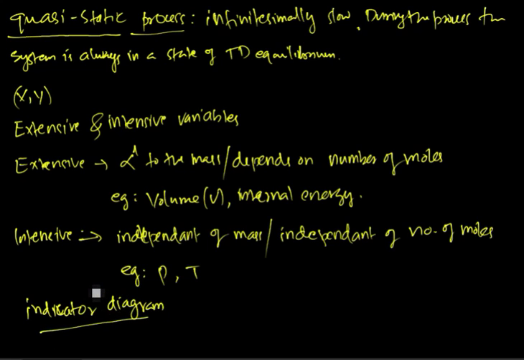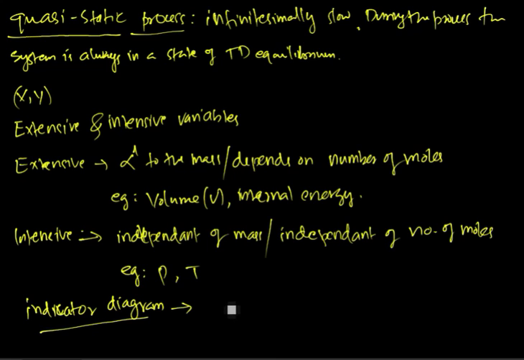So the interrelationship between the thermodynamic variables in a quasi-static process can be represented by curves, and this graphical representation of the interrelationship between the thermodynamic variables is called the indicator diagram.